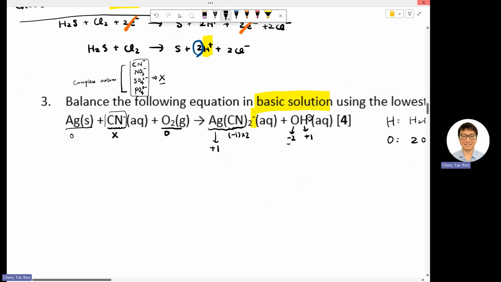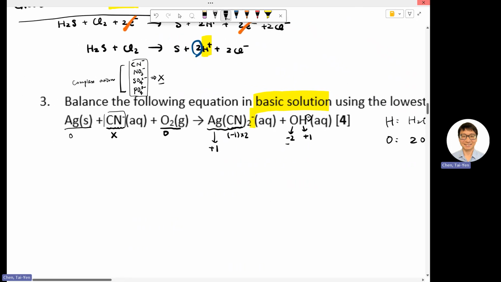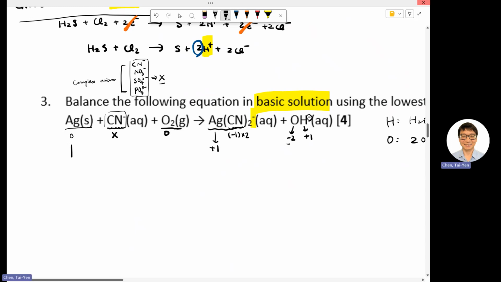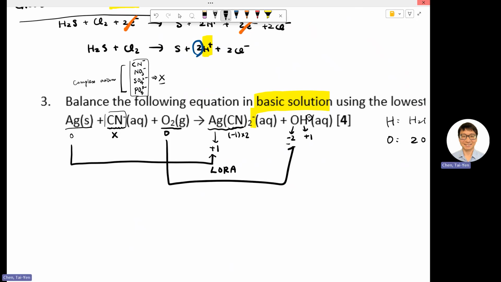Once you have all the things written out, then you can start to analyze the change of your oxidation numbers. Here you go from 0 to +1. Therefore, your Ag is undergoing a LoRa. Here, your oxygen goes from 0 to -2. Therefore, this will be your G-rock.